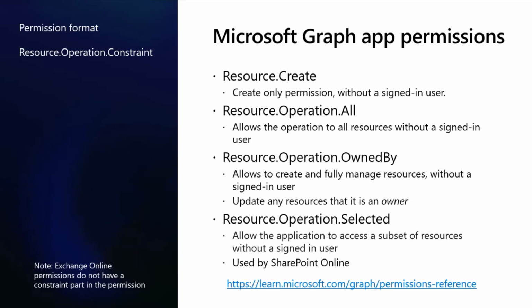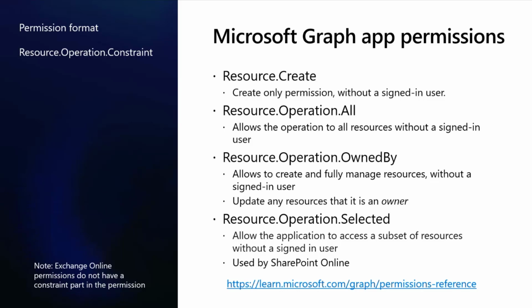With .create, that application will be able to create objects without assigning it to a user, right? And with owned by, the application will be able to manage only the objects that it owns. So if a service principal owns a group, the application will be able to manage that group. If it owns an application or a service principal, it will be able to manage that service principal.